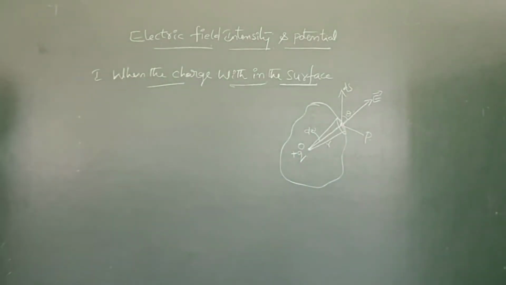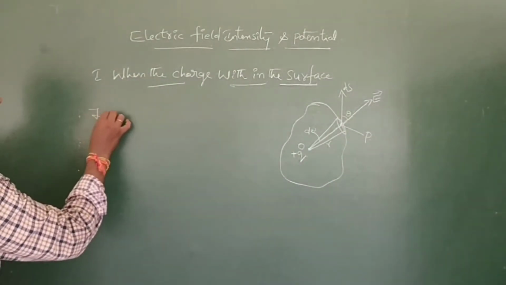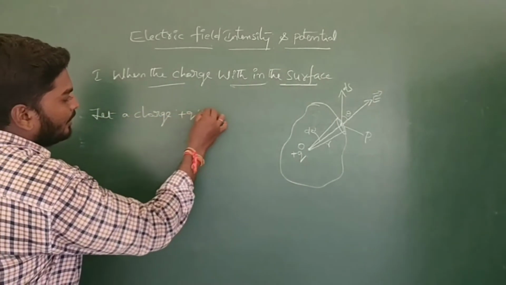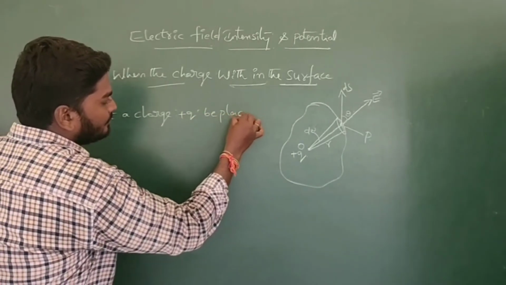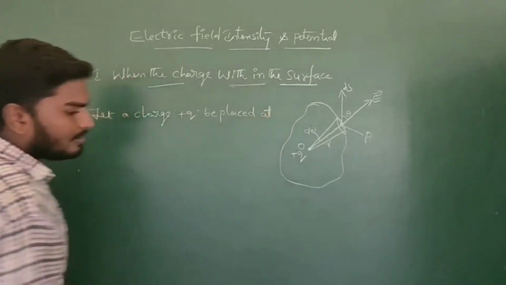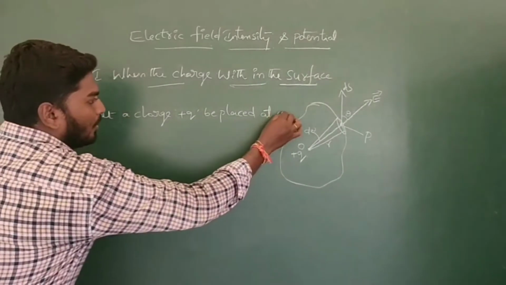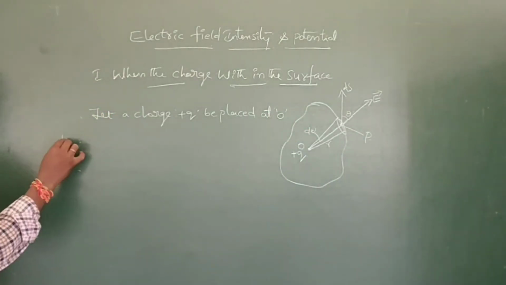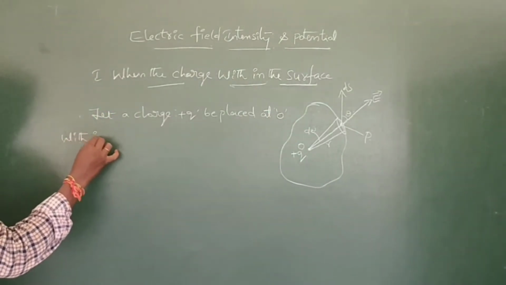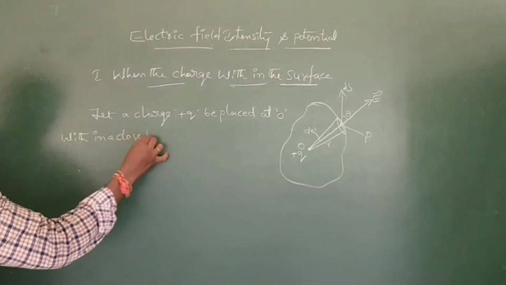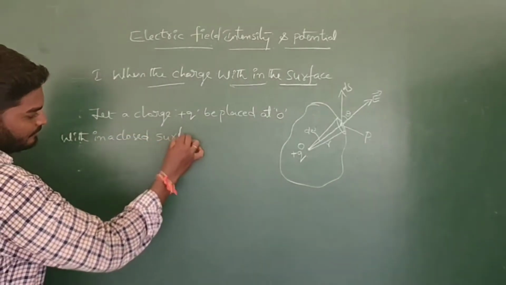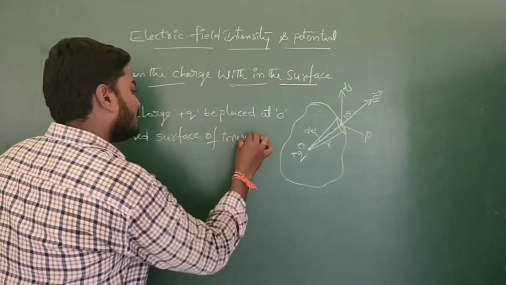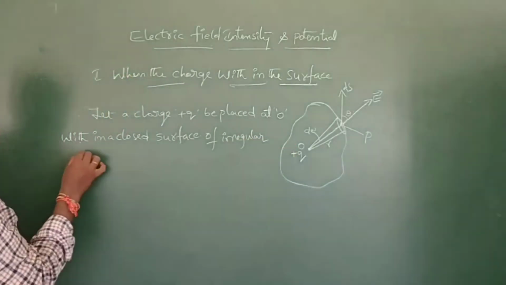Let a charge plus q be placed at O within a closed surface of irregular shape.